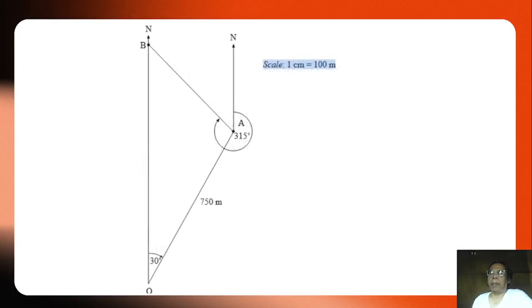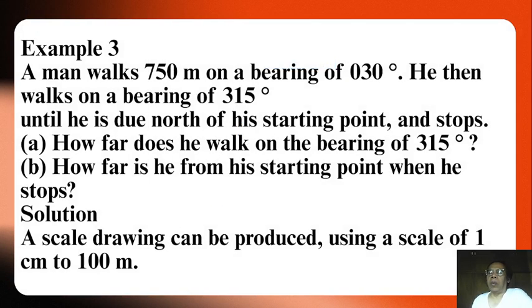So, point B in our figure is the point where the man is now due north, and he will stop there. And we are asked, letter A, how far does he walk on the bearing of 315 degrees? That means we are going to measure the distance from point A to point B. And then, how far is the man from his starting point when he stops?